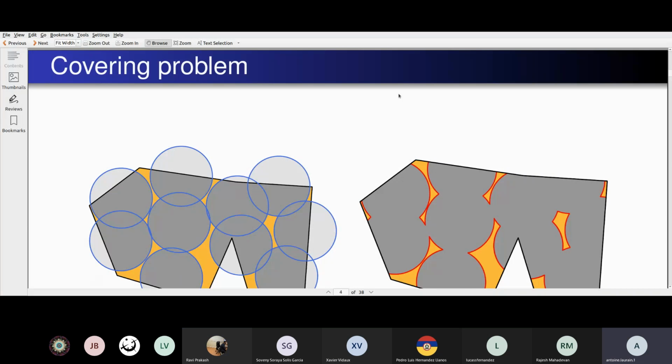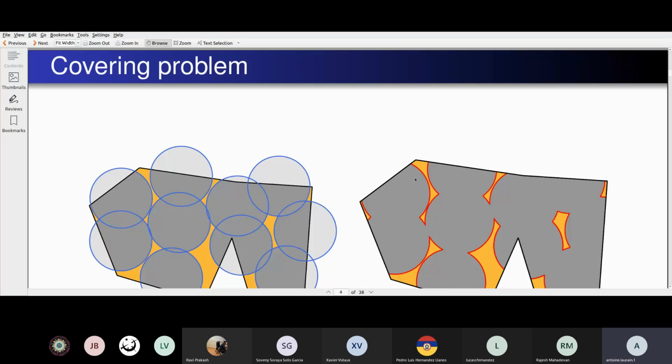So the shape A in this example is the orange shape. It's like this polygon here. And you have 10 disks, and your shape omega is just the union of these disks, okay?